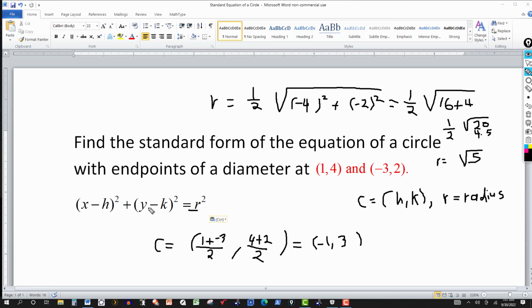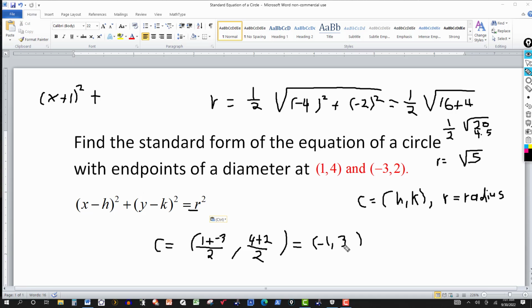So now we just use this formula right here. It's going to be x minus h, and in our case, h is negative 1. So it's x subtract negative 1, which makes it a plus 1, and then it's quantity squared. Plus y minus k.